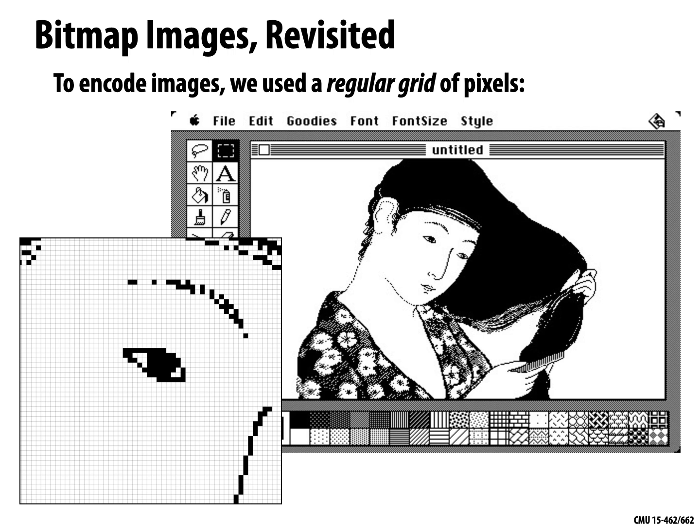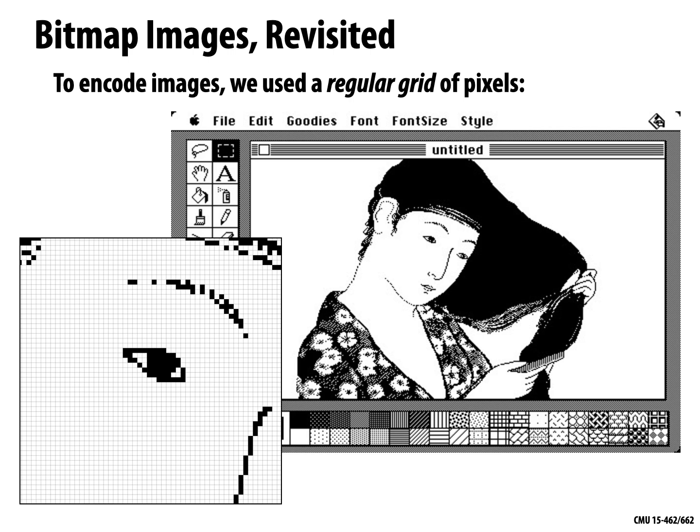And remember that when we did rasterization, to encode images, we used a regular grid of pixels. Right? If I have some detailed image on the screen, if I zoom in far enough, I notice that it's made up of just little blocks of color, or at least that was our model, that was our abstraction. Okay?